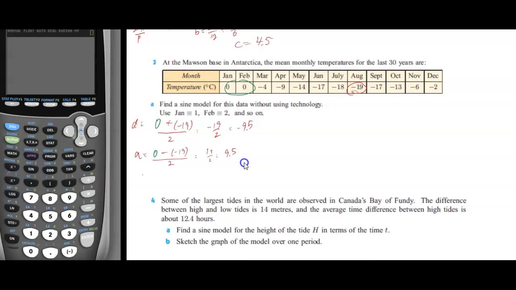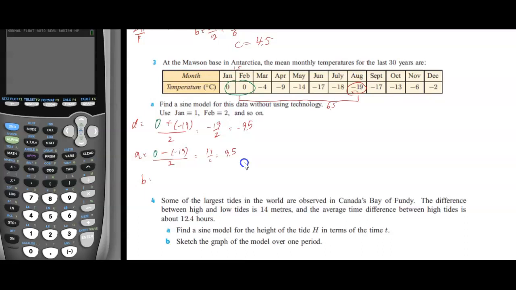Okay, and then the B value. The B value could be measured from the distance between the minimum and the max. Looks like it would be between 1.5 and 8. 1.5 would be halfway between January and February, and 8 would be, what would that be? 6.5, okay? And then you double that, and that would give you the period.